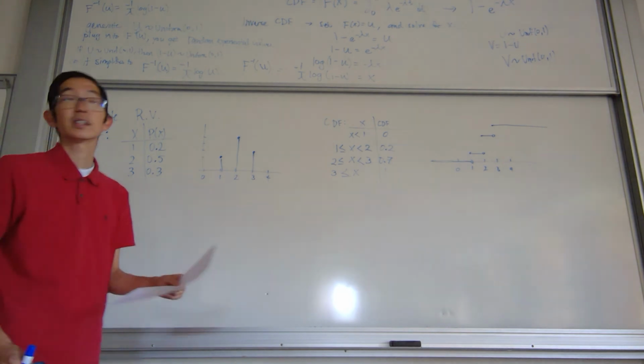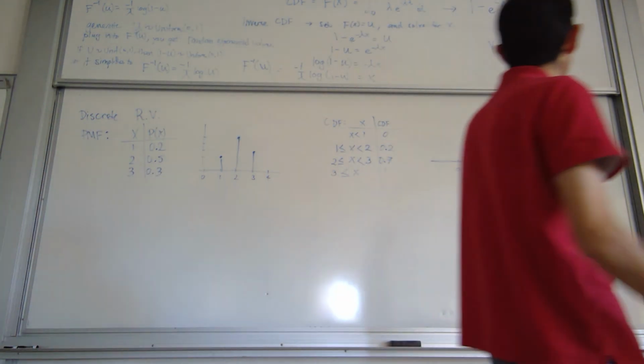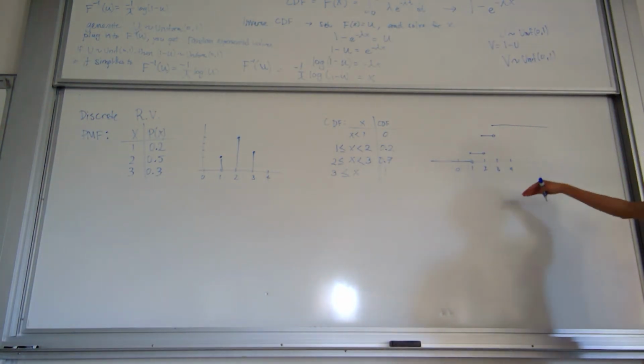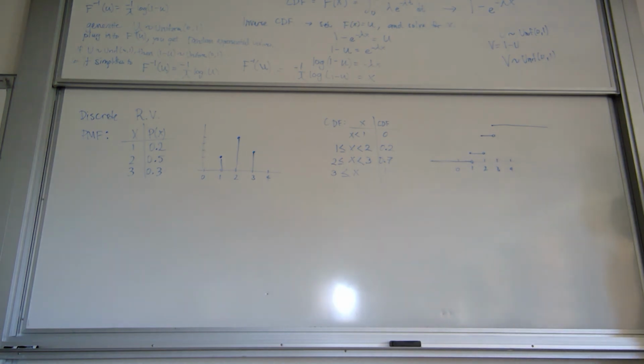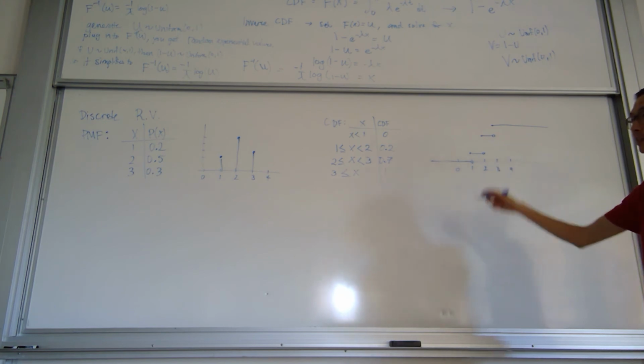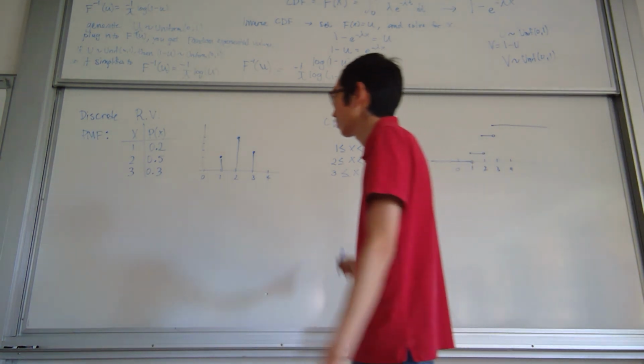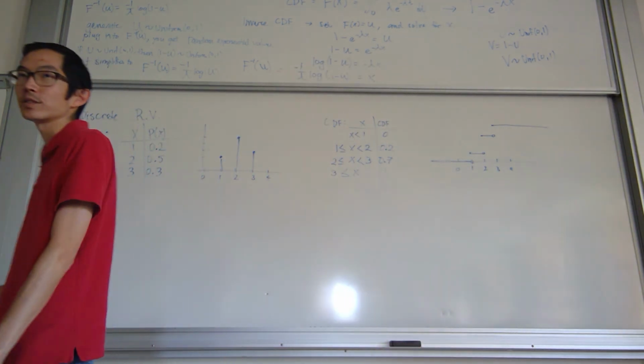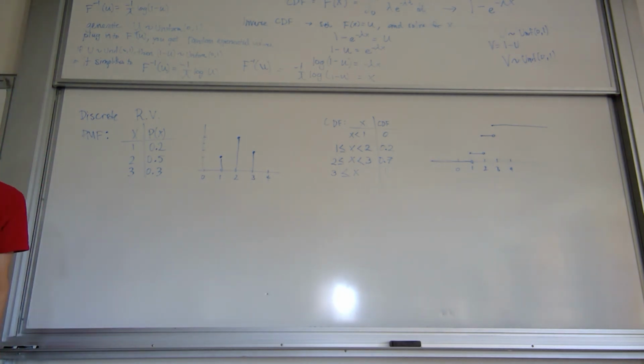That's what we have, right? So this is our CDF because it represents our cumulative function. And it tells you the probability of getting a value of x or something less.